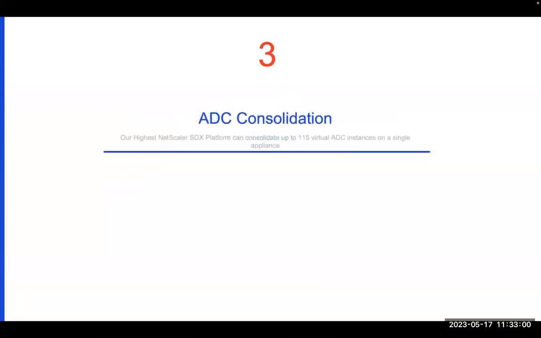Now, thirdly, is our ADC consolidation pitch. Trust me, a lot of customers today have NetScaler deployments on-prem in multiple zones. They could have two ADCs in the DMZ, two in internal, two in trusted, two in the VPN network and so on.